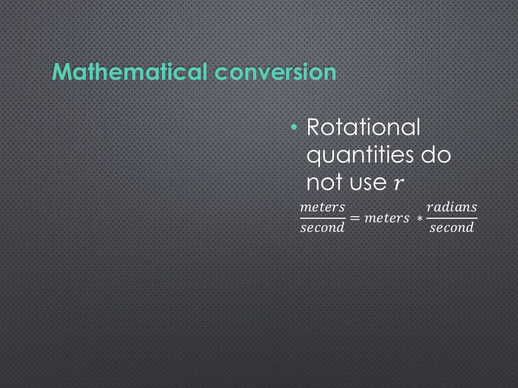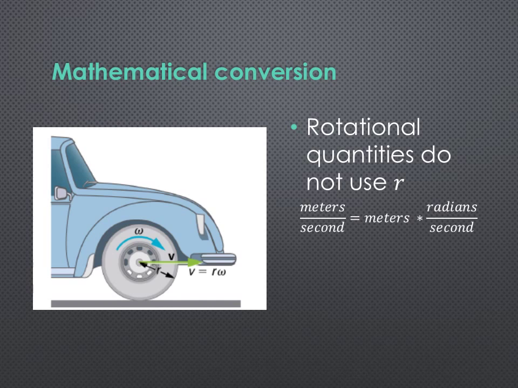So we have to talk a little bit about the mathematical conversion. Rotational quantities do not use the radius for the most part. So when we're converting, we want to take meters per second and make it meters per second with some radians thrown in there, and it doesn't seem to make sense. But if you look at a picture of a car tire going around, the entire wheel is rotating at some rotational velocity, omega, and a point on the outside of the tire has radius r, and so its velocity is going to be r times omega.